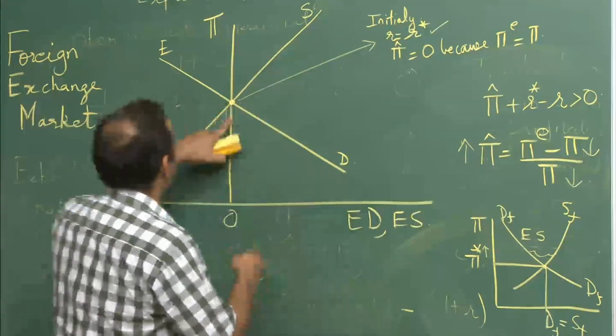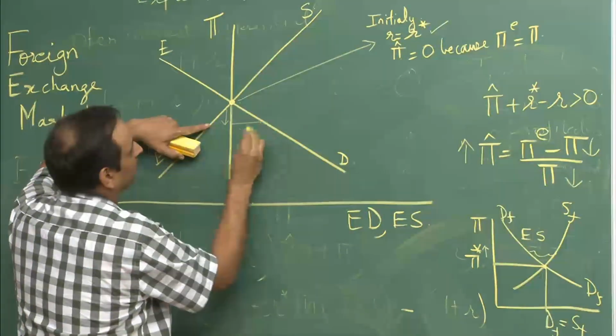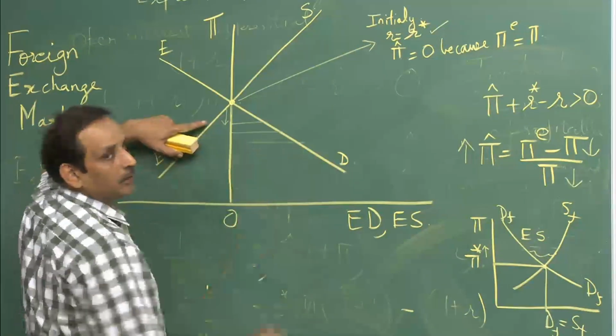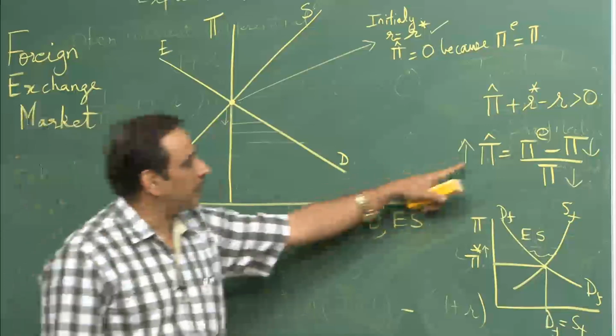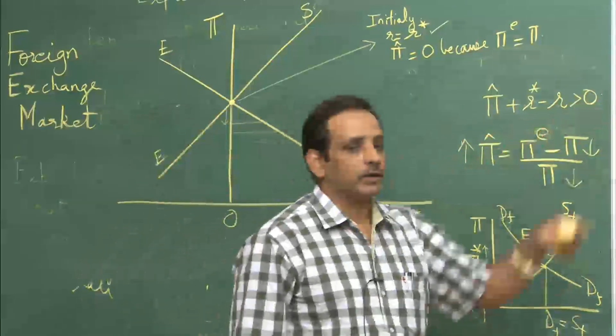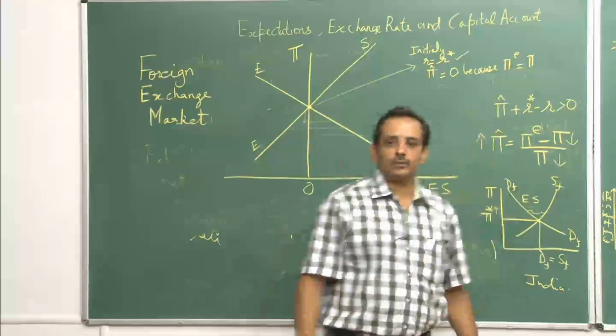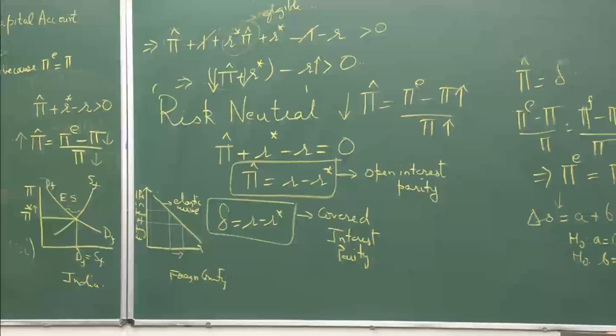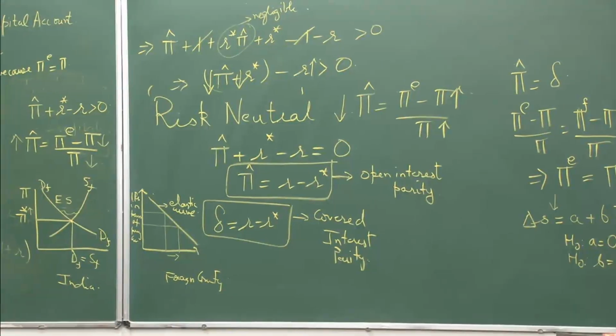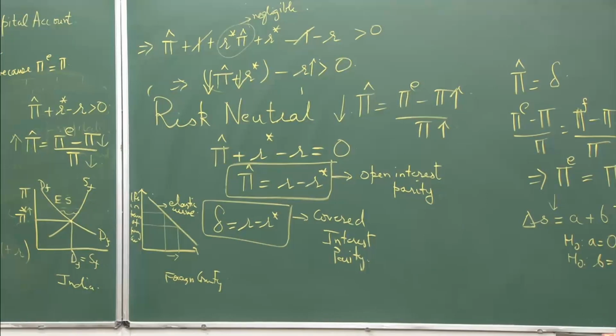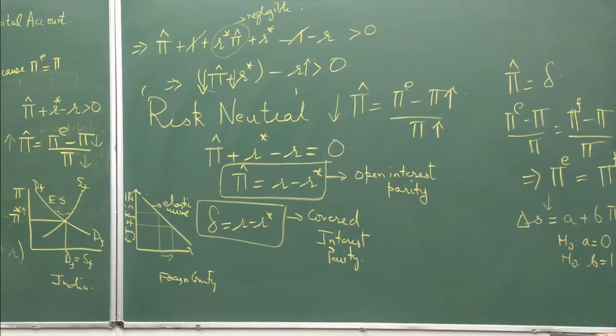So, as you come down, you see a positive excess demand, because pi hat goes up and the interest differential is greater than 0. So, you would like to invest in foreign bonds because you expect your currency to depreciate or the foreign currency to appreciate. You are a speculator, you are an investor, so you would like to invest in foreign bonds.